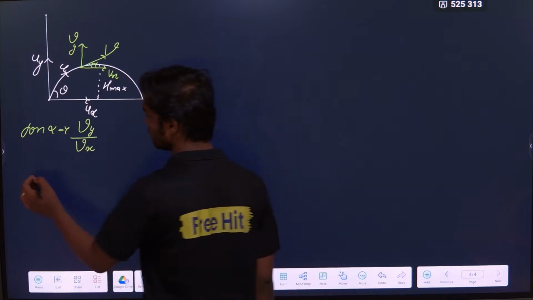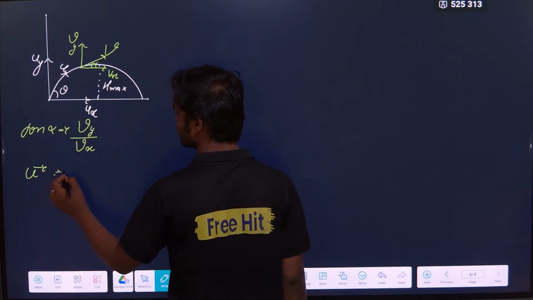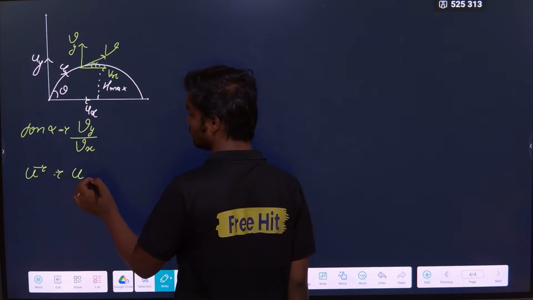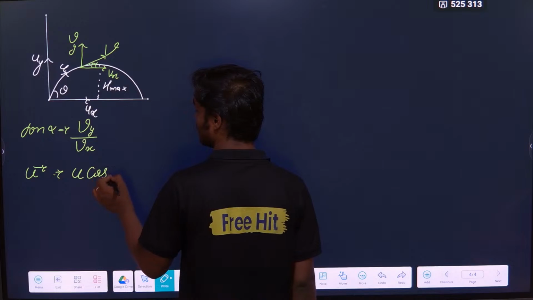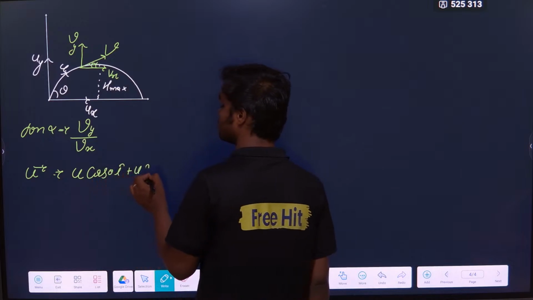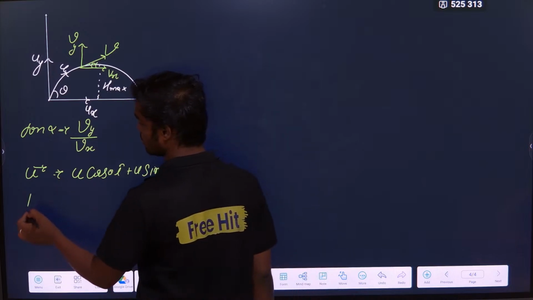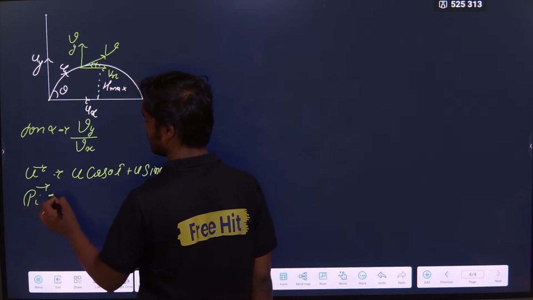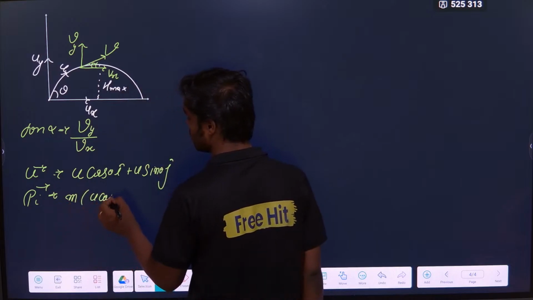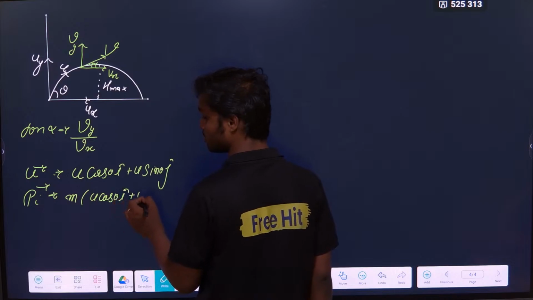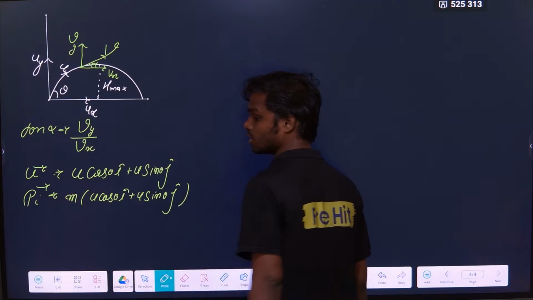The second thing I will ask you is, what is u? The general velocity, if you want to write it, you will write the initial velocity. This u means initial velocity, no? So this is u cos theta i cap plus u sin theta j cap. Okay, momentum is m times u cos theta i cap plus u sin theta j cap.